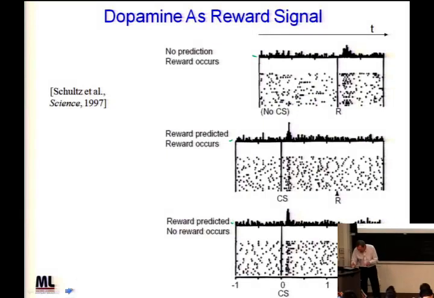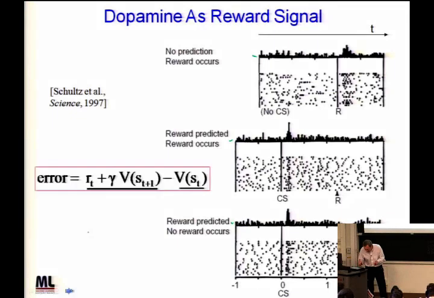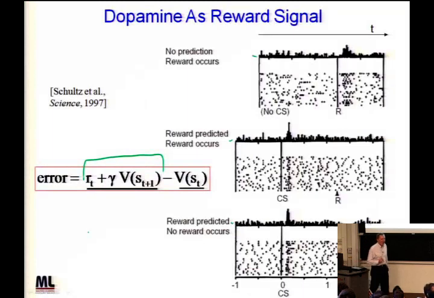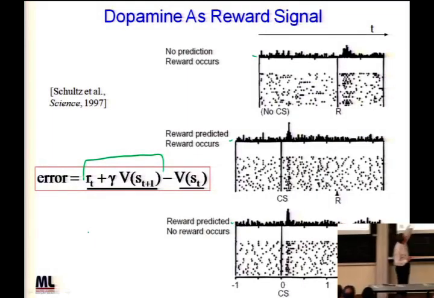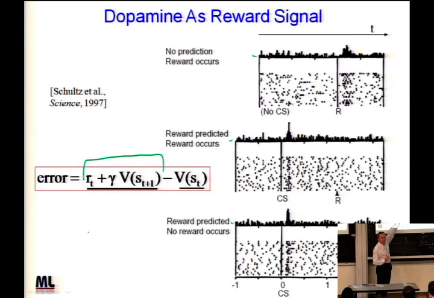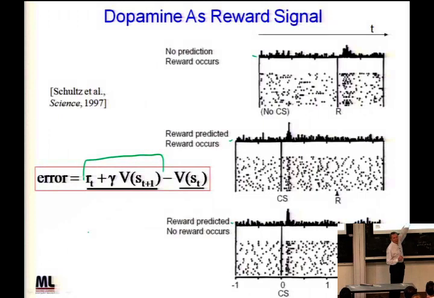So let's look at it this way. Good. So it's actually explained by exactly this. You can think of the reward plus discount factor times the estimated value of being in state t plus 1, minus the estimated value that we had for state t.